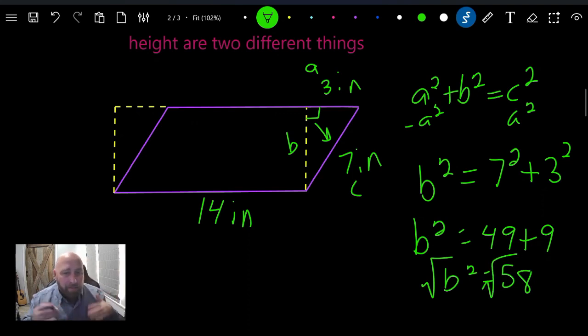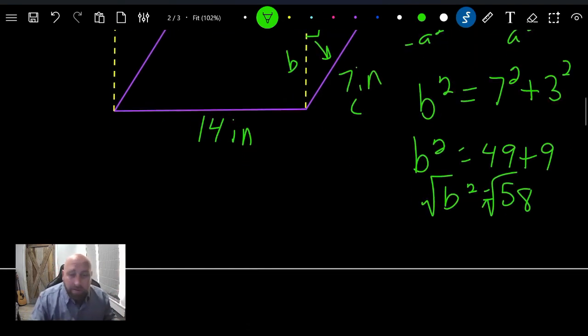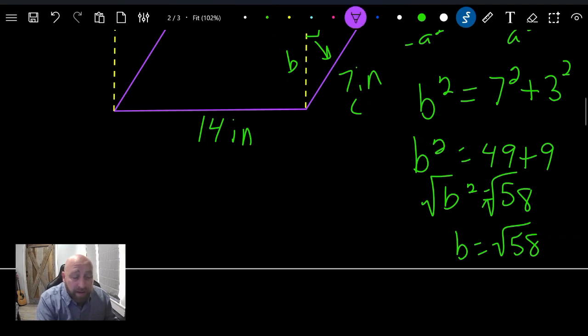I'm not going to take the time to go ahead and reduce that out. Maybe I should. You know what? I'll just do it, so that way we're refreshing everything that we know. So b equals the square root of 58. 58 doesn't have a perfect square root, so we could write the square root of 58 in there, but we really need to see if there are any square factors in 58 that we can reduce out. What are the square factors? 4, 9, 16, 25.